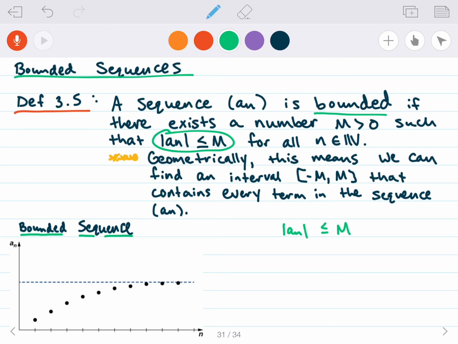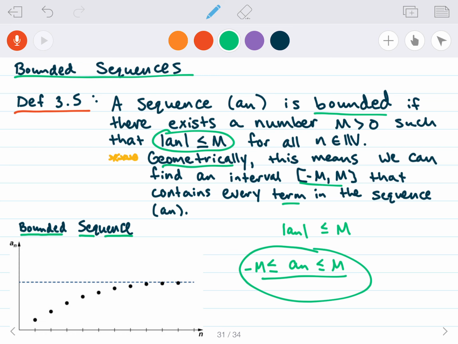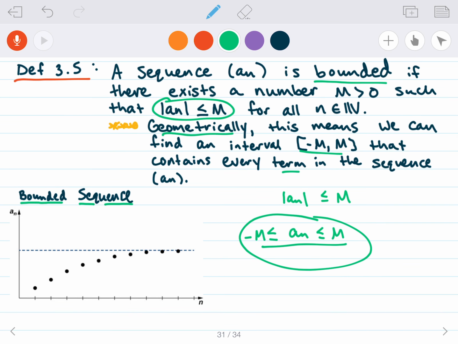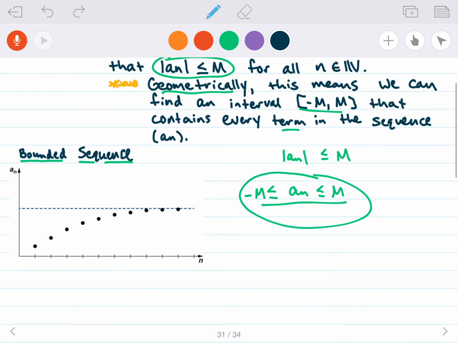So |a_n| less than or equal to M means, by the property of absolute values, that a_n is between -M and M. Geometrically, this means we can always find an interval between -M and M that contains every term in the sequence. So every term in the sequence lives between the real numbers -M and M. Looking at this example, here are a few terms in a sequence.